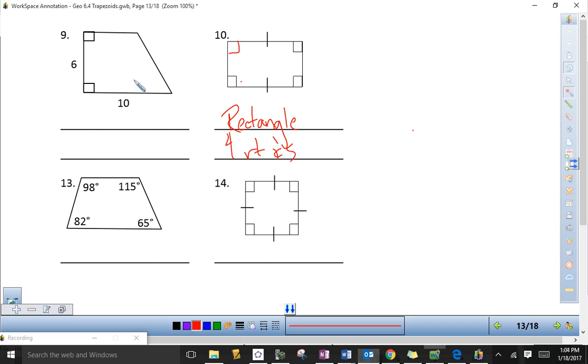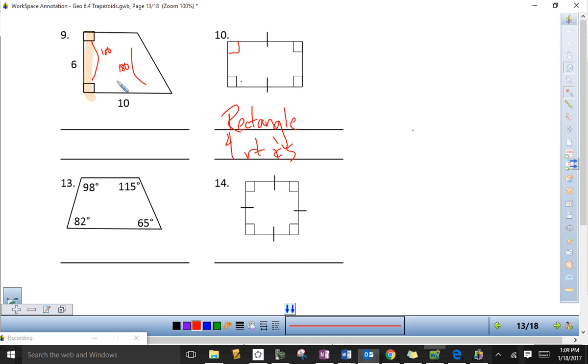Over here, I'm going to talk about 2 right angles. That doesn't give me enough information to find these, but it does give me enough information to know something about these 2 angles. If I take my 360 degrees and subtract off 90, subtract off 90, I'm left over with 180 degrees. Well, I know 90 plus 90 is also 180 degrees. So that just told me I have 2 pairs of supplementary angles.